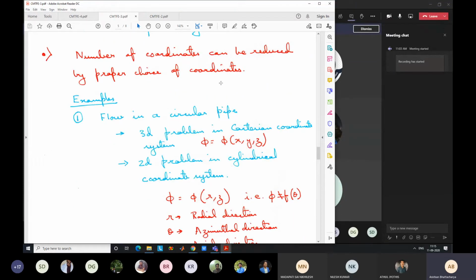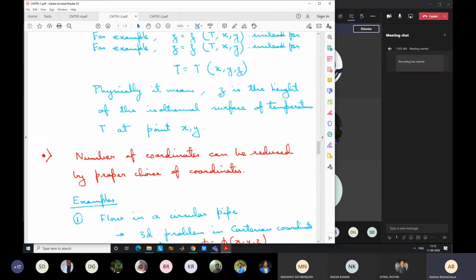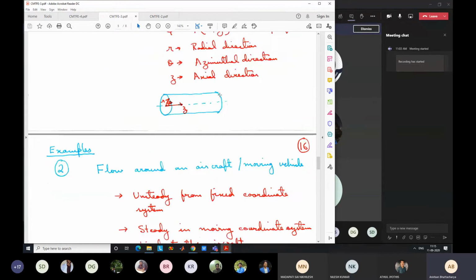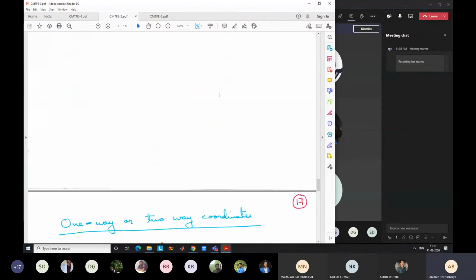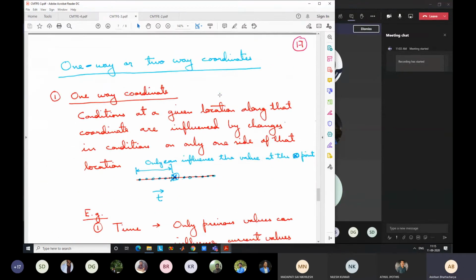And we have also seen some other things, such as how to reduce the number of coordinates by proper selection of the coordinates. And we noted that this is very important because it leads to reduction in the computational time drastically. Similarly, we also studied what is a one-way coordinate and two-way coordinate.